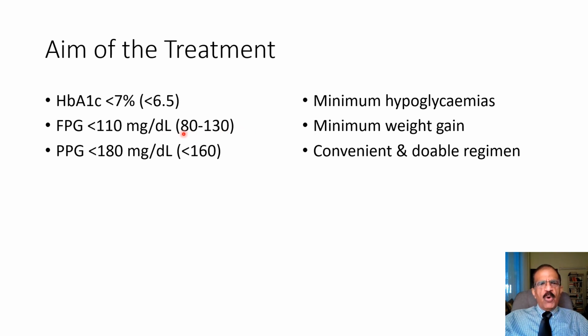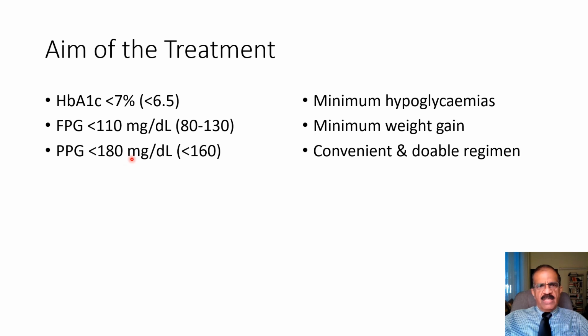That means anybody's fasting sugar falling in this range would be considered acceptable, although somebody who is very close to 80 is likely to go into hypos, and somebody who is close to 130 is likely to develop hypers and complications. So I think best is somewhere in the middle, like 110 or 105. And postprandial glucose should be less than 180.